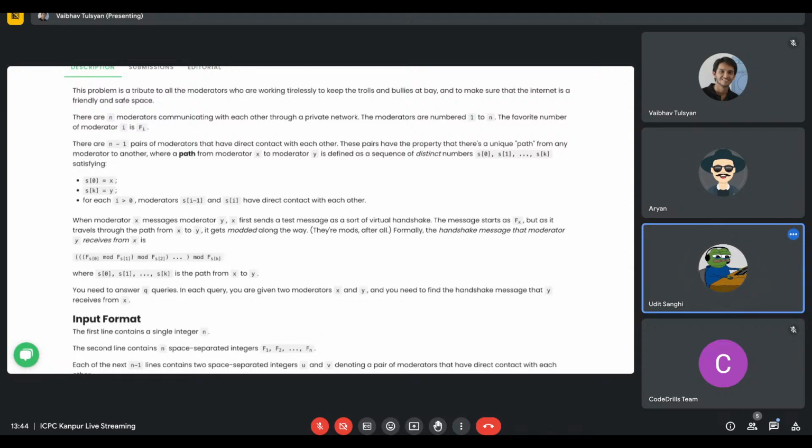Otherwise, the new number A mod B is less than A by half. So this is a good observation: when you mod one number with another, either the number remains the same or it reduces by at least half. If it reduces by at least half, then this reduction can't take place a lot of times. It can only take place a log number of times.